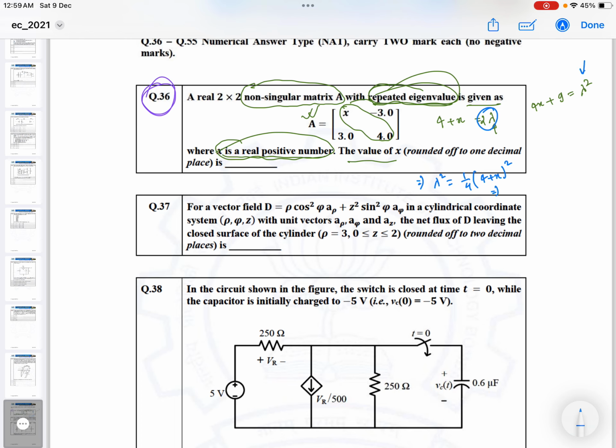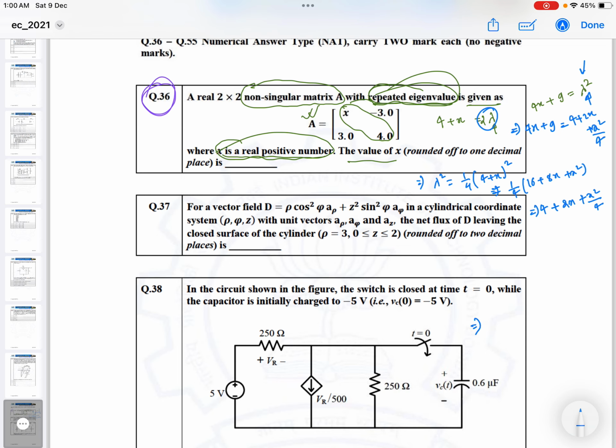And that lambda square we can put here. Let's first expand this one, so we will have 1 by 4 times 16 plus 8x plus x square. So overall we are going to get 4 plus 2x plus x square divided by 4. We can put lambda square here, right? So we will have 4x plus 9 is equal to 4 plus 2x plus x square divided by 4.